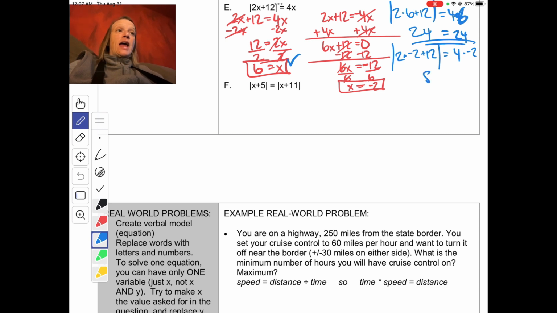So I have the absolute value of 8 equals negative 8. Remember, you cannot have an absolute value equal to a negative value. It is not a valid solution to the equation.